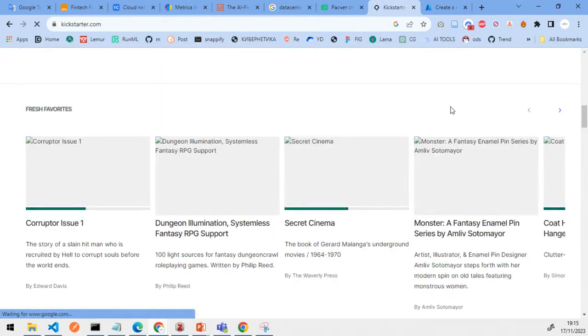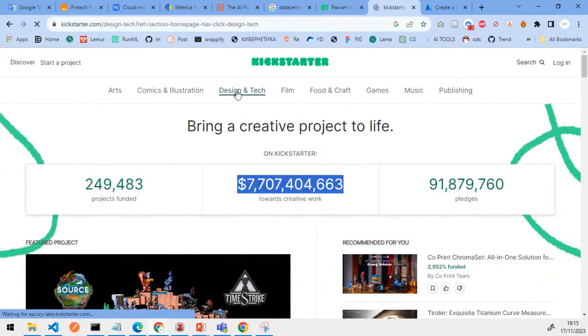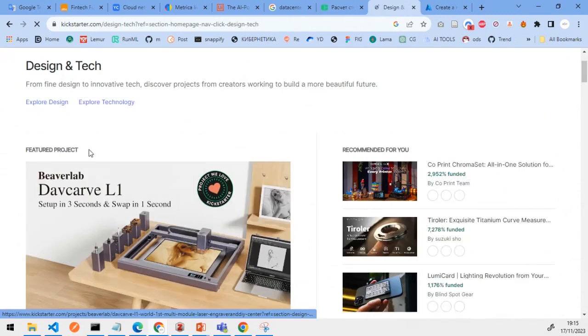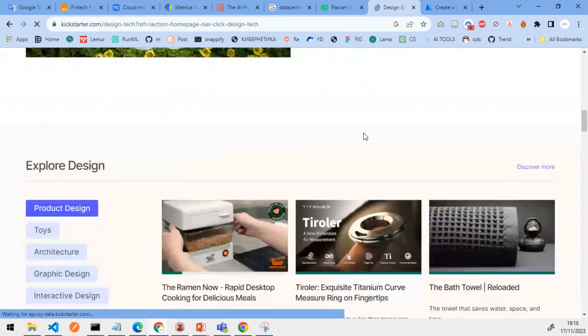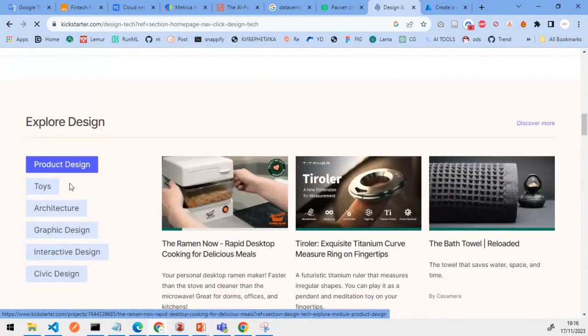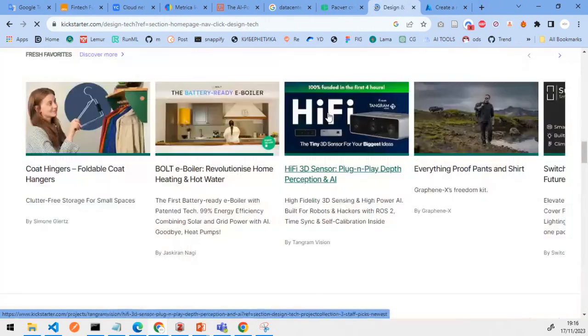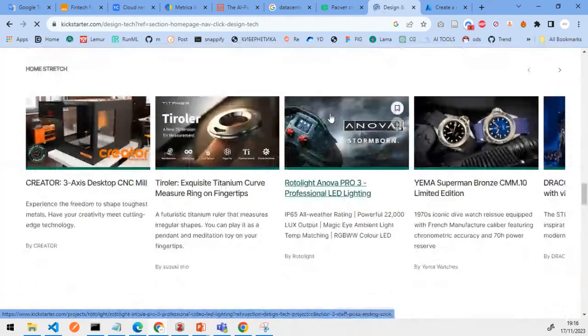Now, let me just give you an idea of a Kickstarter project. Because we're in technology, let's look at a technology project. People come with an interesting idea, like product design, or let me see, something software app related.